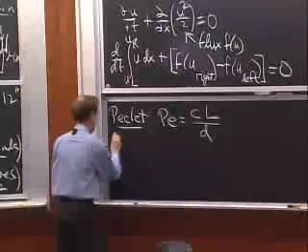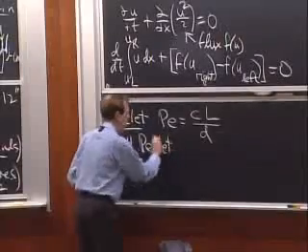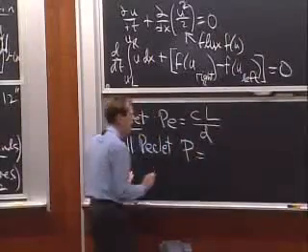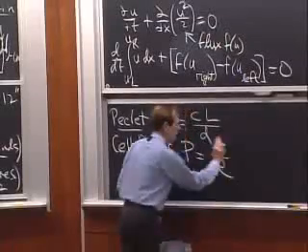We needed a length to make it dimensionless. Now, the cell Peclet number, which I'll just call P, I'm just going to take to be r over R, because those are dimensionless.